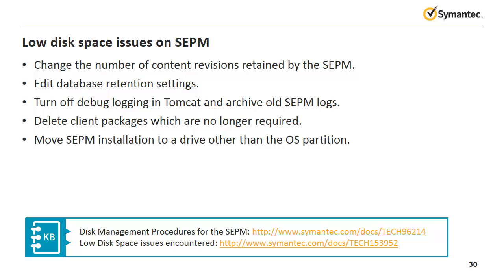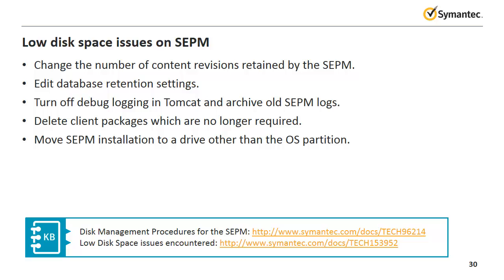Low disk space can have a variety of different causes on a SEPM, but you will see an impact in performance if your SEPM is running low on disk space. Note the definitions are much smaller in SEP 14, so you may not need to change the number of content revisions kept by the SEPM. Editing database retention settings means changing the log and backup settings in the SEPM database properties.